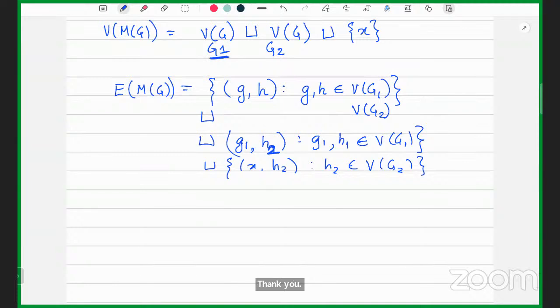So very simply, if I want to see this, let's say I start with a very small graph, just K2.